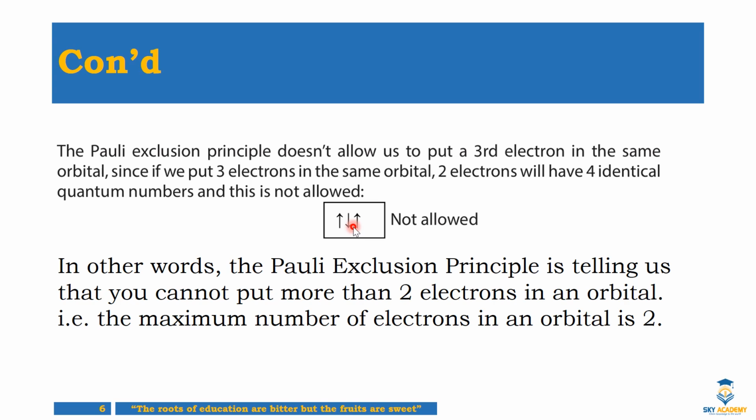You cannot have more than two electrons in an orbital. The maximum number of electrons in an orbital is 2. In other words, the Pauli exclusion principle is telling us that you cannot put more than 2 electrons in an orbital. The maximum number of electrons in an orbital is 2.